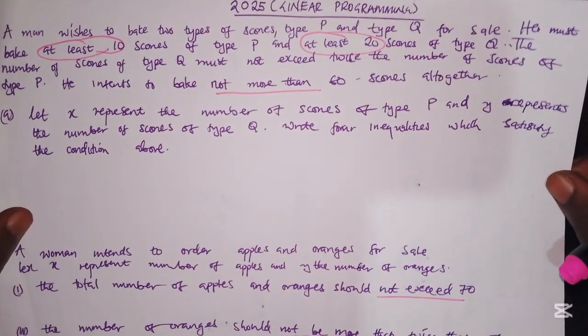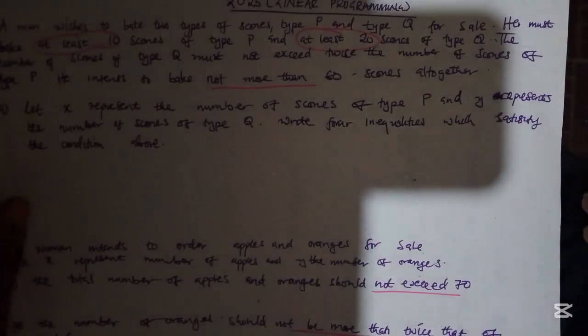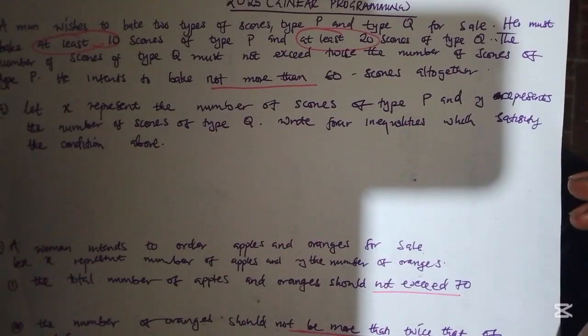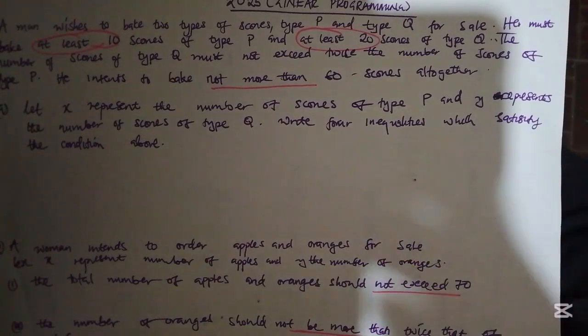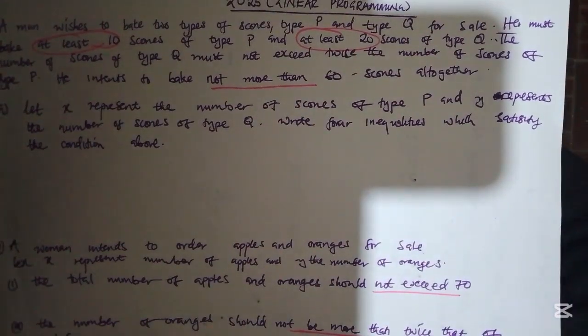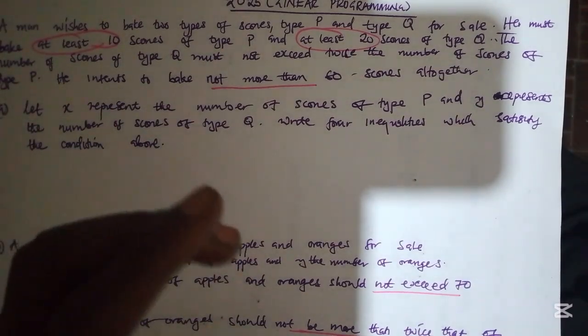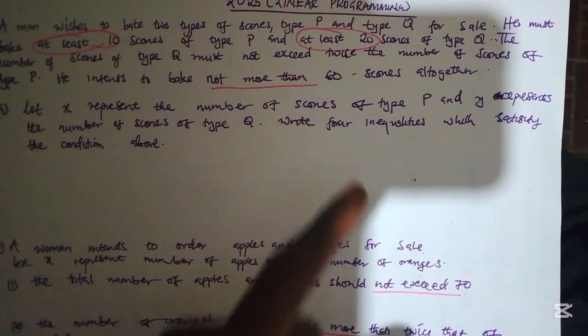Yeah. So the question is saying, a man wishes to bake two types of scones, type P and type Q for sale.